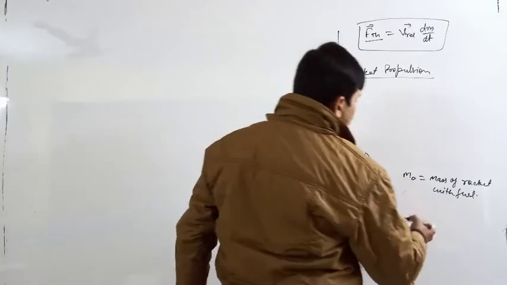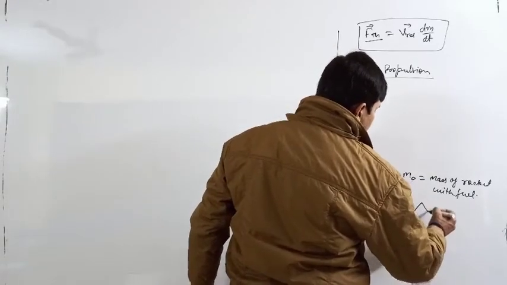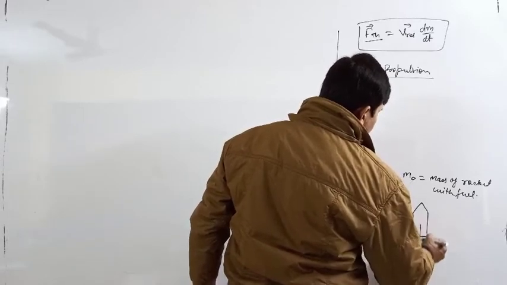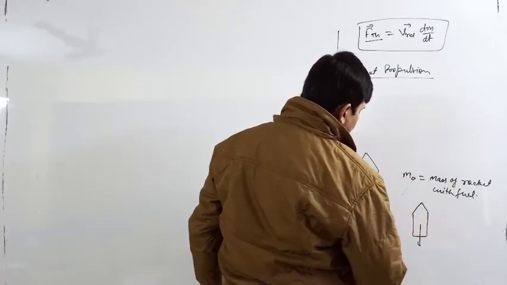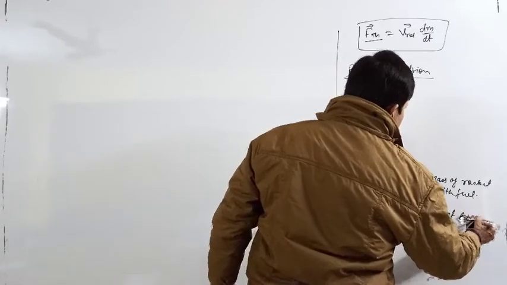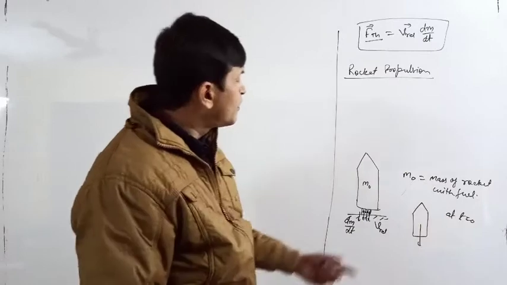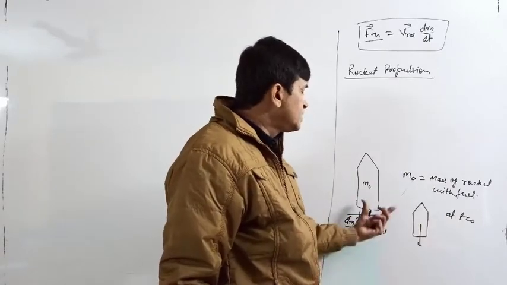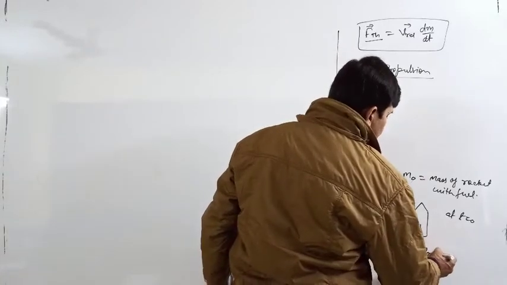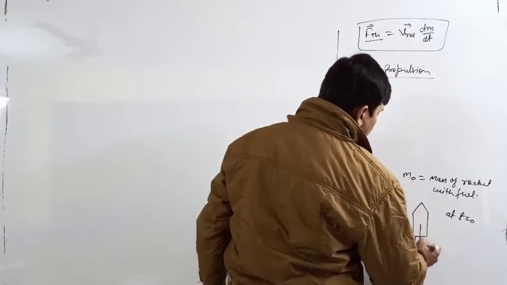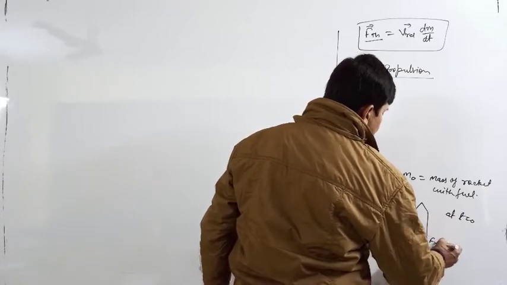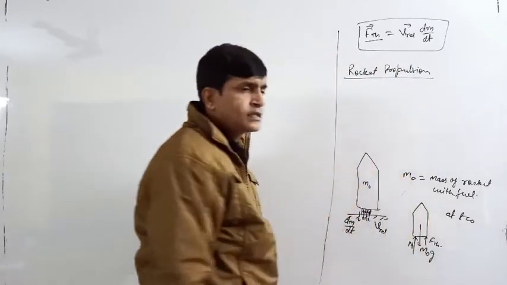Now in that case, if you take the FBD of your rocket, you will find forces at the starting time, at t0, just at the moment when the fuel starts burning. One force is M0 g weight, another is the normal, and the third force is the thrust force, F thrust.